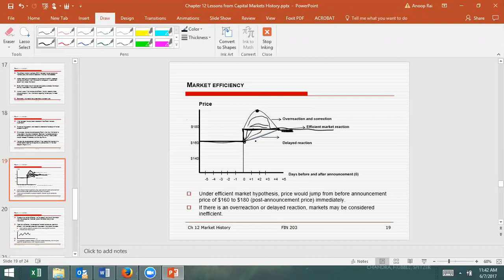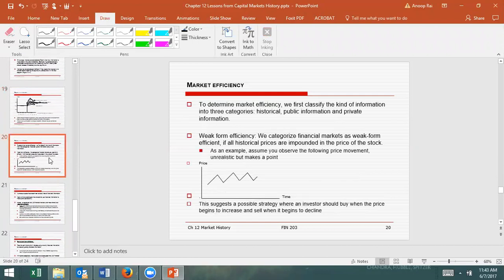So by and large, when the information is correct, we notice that the markets do react quickly. There is very little overreaction and underreaction. But what is in question, though, is what kind of information. So let's take an example. We define 3 different kinds of information.